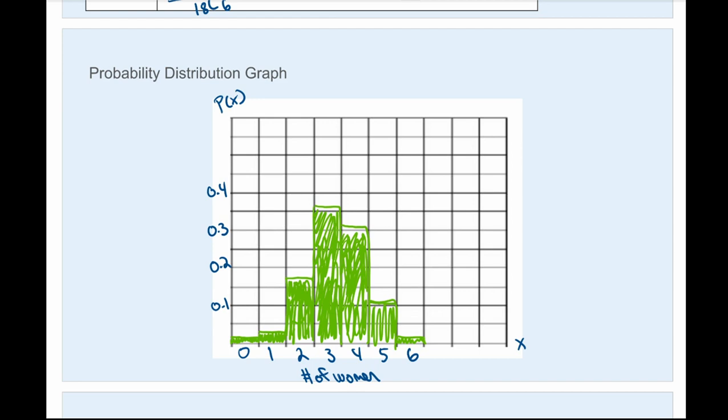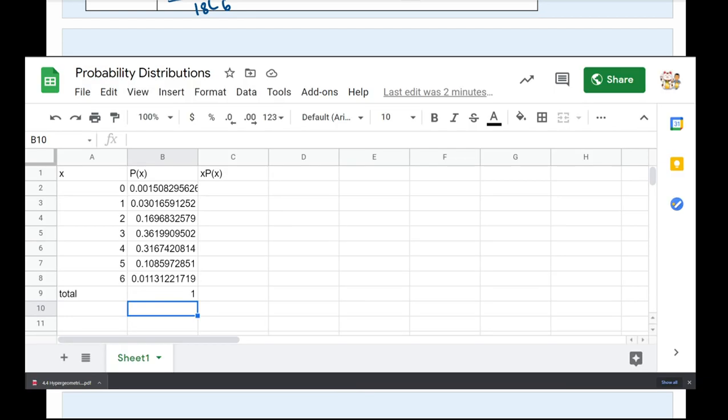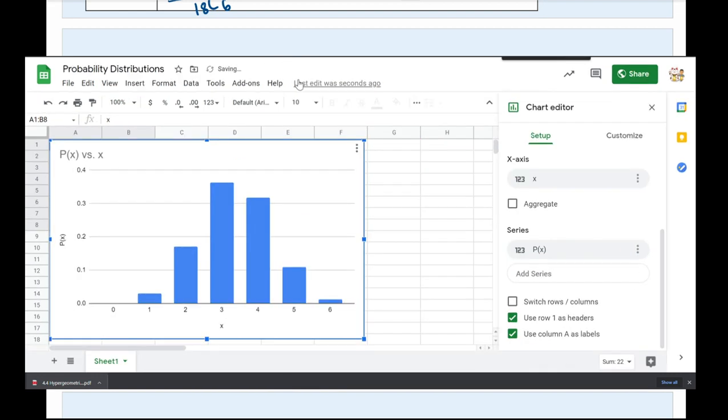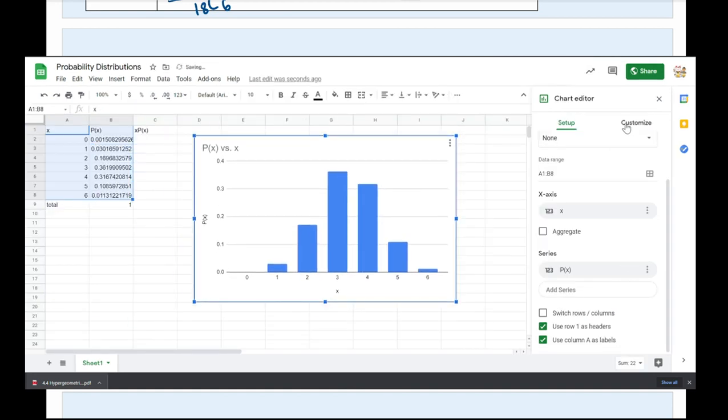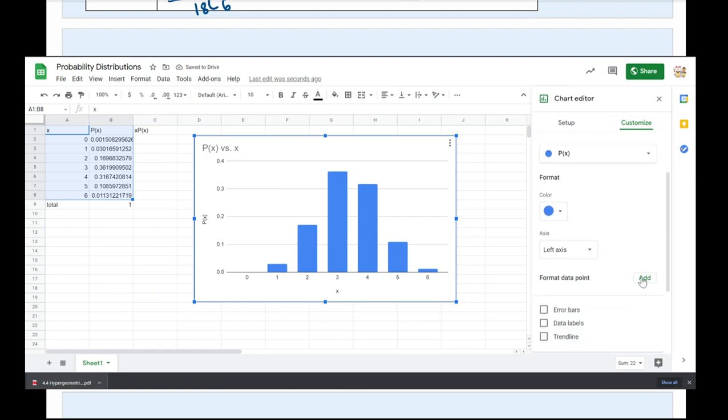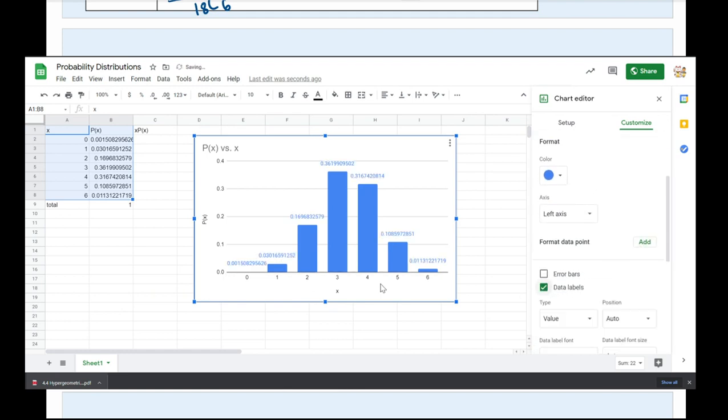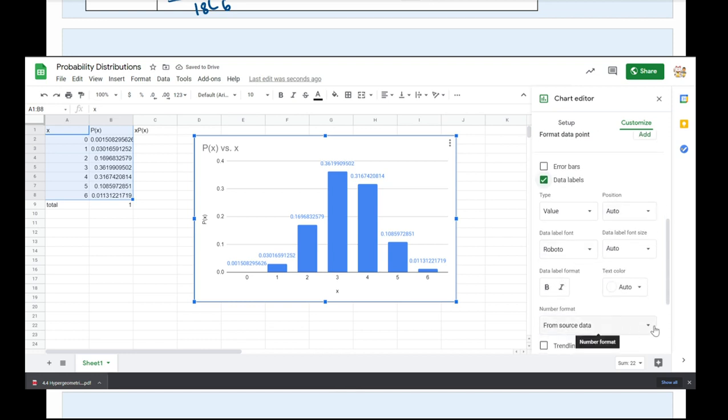But again, we can also do it through Google Sheets. So again, I don't need the third column. I'm going to highlight the first two, insert, chart, and there we see our probability distribution graph. If anything, you don't need to worry about the titles, because they do technically still work.